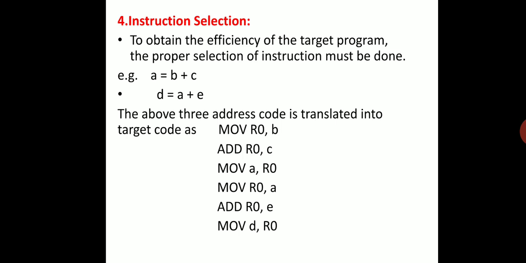Add r0, e: perform the addition of a and e, and the result will be again in r0. Move d, r0: this entire result we have to store into the variable d. So we have generated these target instructions statement by statement. We have a total of 6 target instructions for these particular 3 address code instructions.